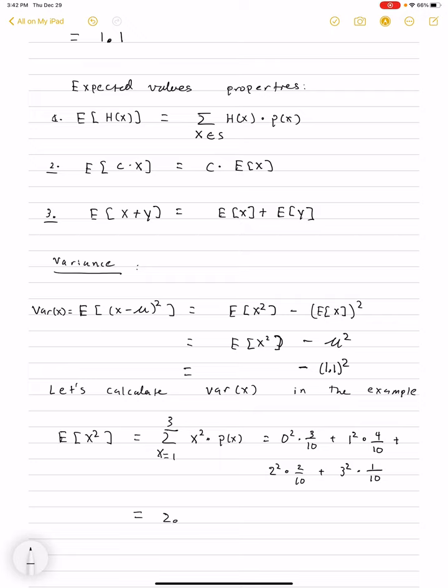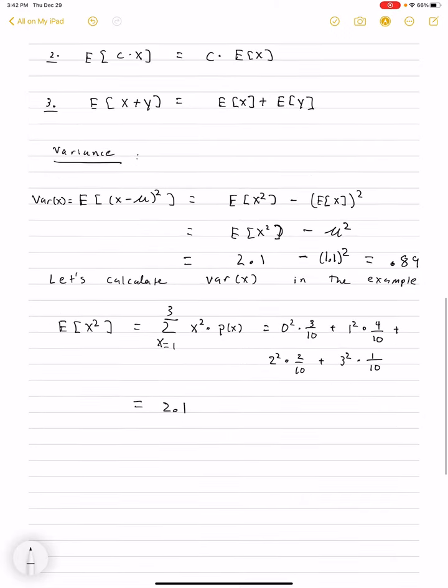That gives us 2.1. So the variance is 2.1 minus 1.1 squared. We need to figure out what the variance is then. In this instance, 2.1 minus 1.1 squared gives us 0.89.